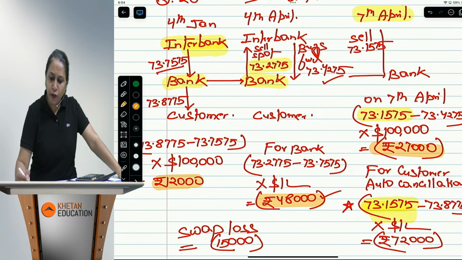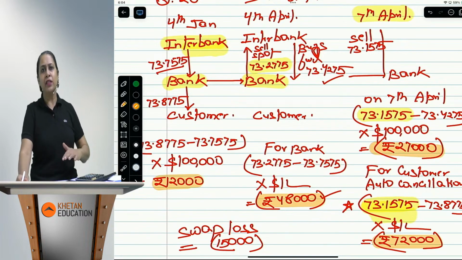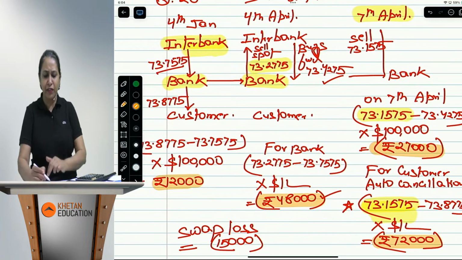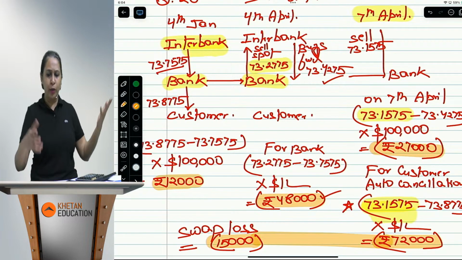So the bank is going to charge 72,000 if they are making the customer square off automatically without permission. So 72,000 will be debited from the customer's account and additionally 15,000. So 72,000 plus 15,000 makes it 87,000.